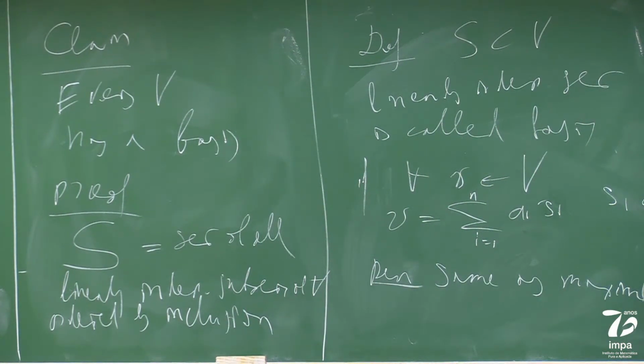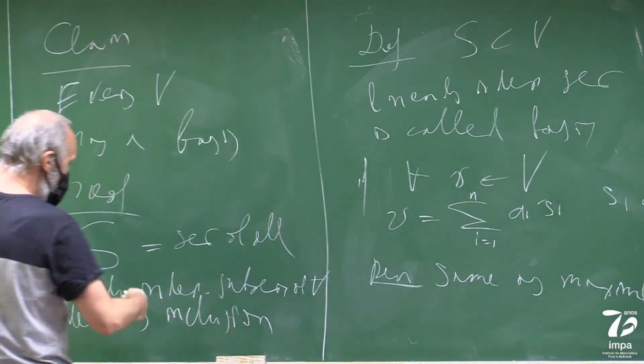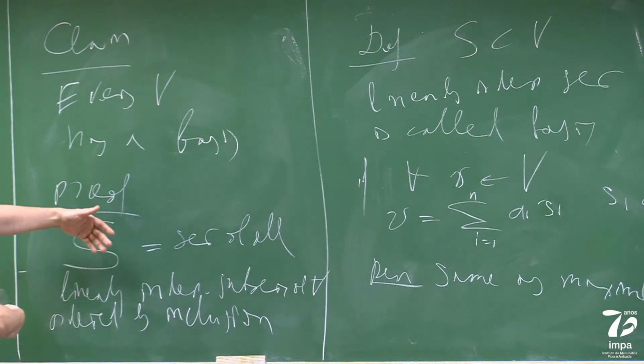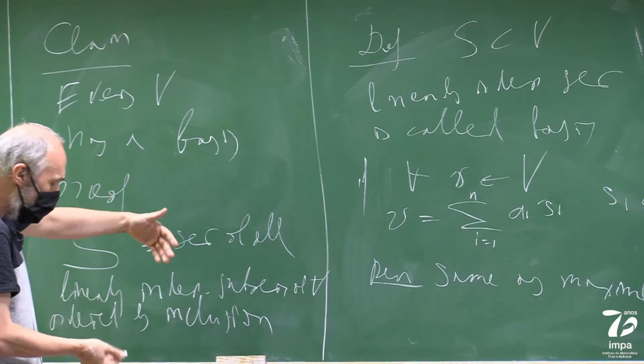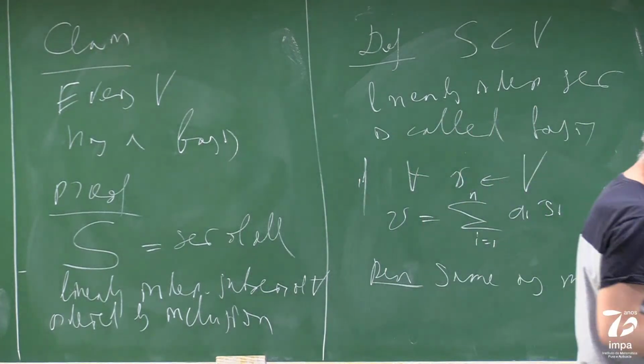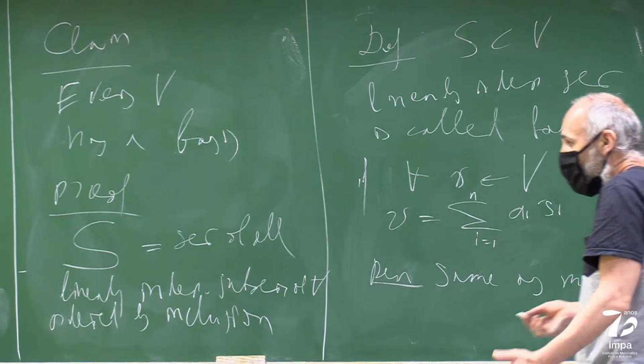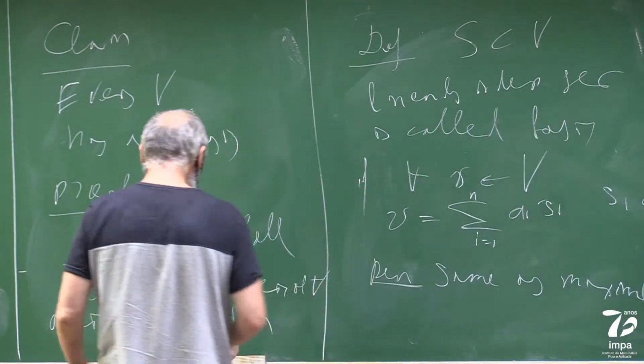Let's check how you can apply Zorn's lemma. The partial order is clear: one linearly independent subset is smaller than another if it is included in that other set. So maximal elements are really maximal. They are bases.